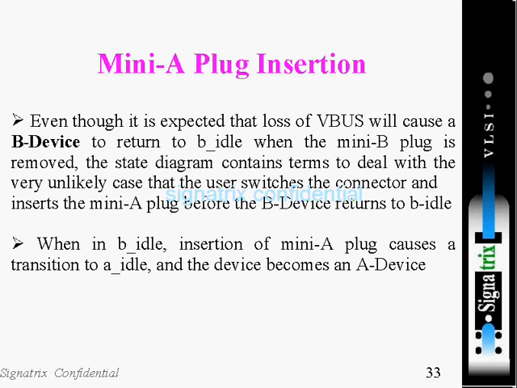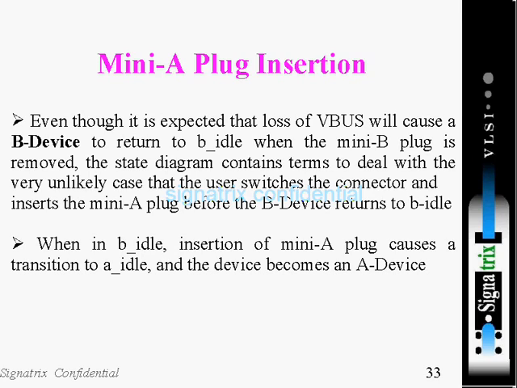Even though it is expected that the loss of VBUS will cause a B device to return to B idle, when the mini-B plug is inserted, it will act as a default slave. When the mini-B plug is removed, the state diagram contains terms to deal with the very unlikely case that the user switches the connector and inserts the mini-A plug before the B device returns to B idle.